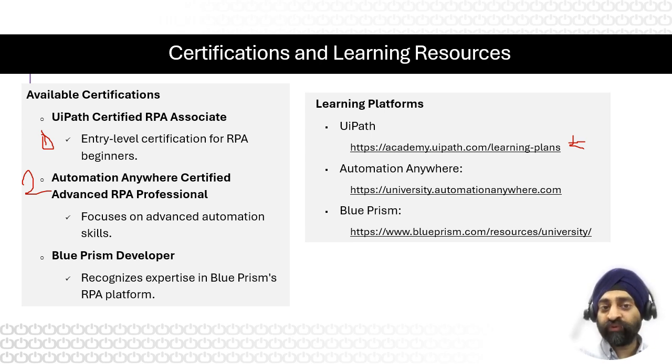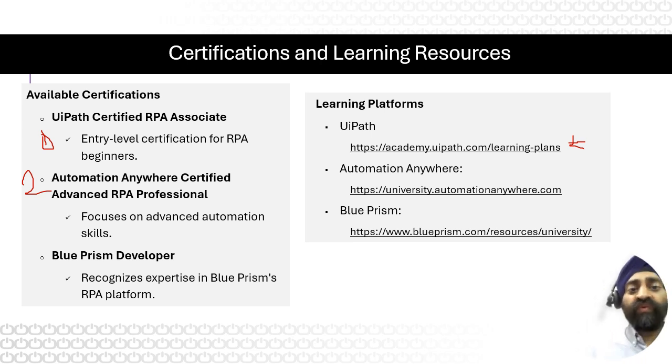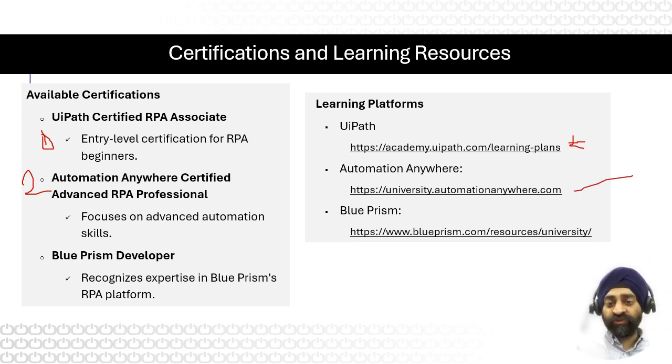It's designed for professionals who already have some experience with RPA, some hands-on understanding, and want to deepen their expertise. The platform will be purely the Automation Anywhere platform. This is the path which you can follow and you can learn. Courses are free. You can learn very easily. Low code, no code environment is there. Even if you have minimal or no knowledge, you can still work on it.